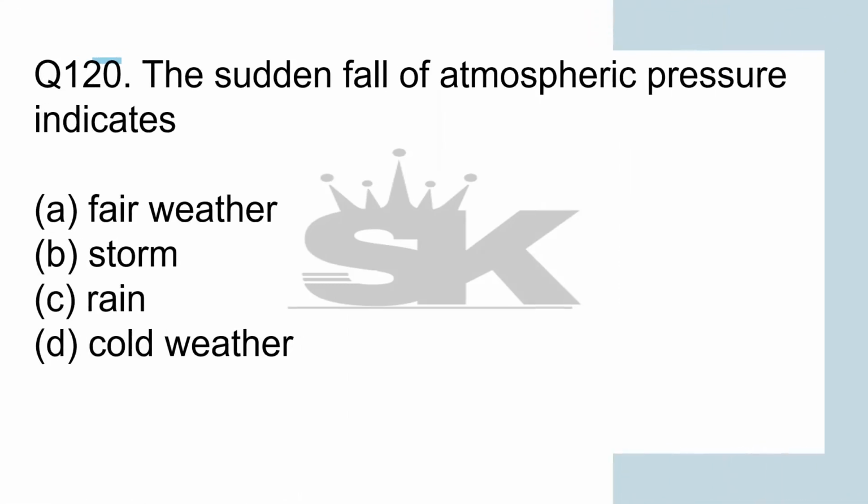The sudden fall of atmospheric pressure indicates a storm. Falling pressure indicates the mass of the atmosphere above a point is decreasing, which can happen as a result of various atmospheric processes. In general, weather systems with low pressure at their centers are associated with unsettled weather and strong winds.